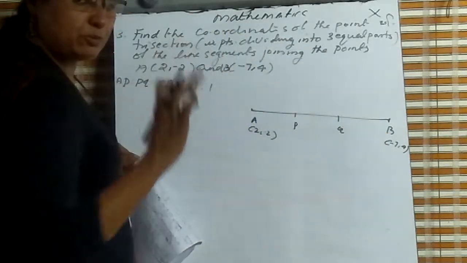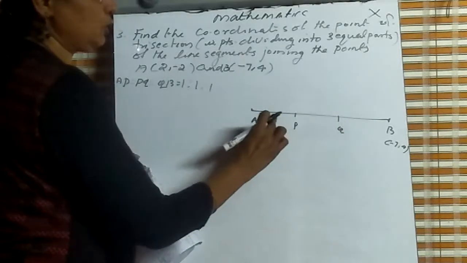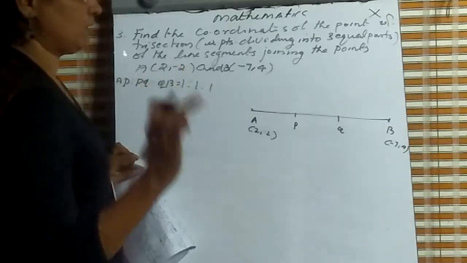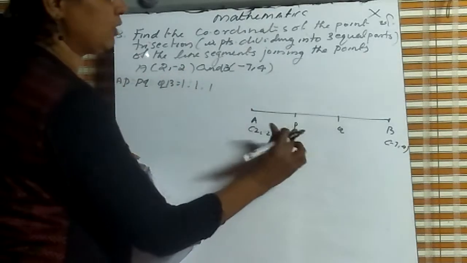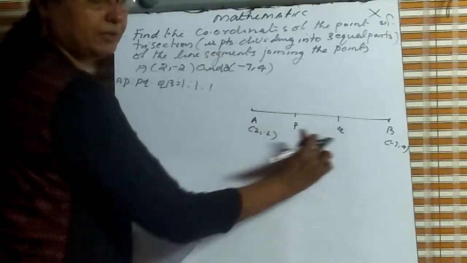AB is divided into 3 equal parts, AP, PQ and QB, so AP is to PQ is to QB is 1:1:1. We have to find the coordinates of the points of trisection, that means to find P and Q.